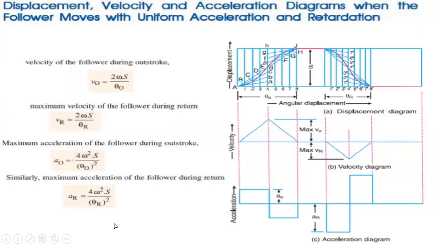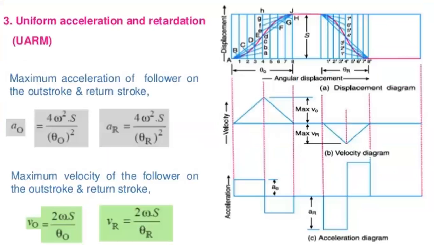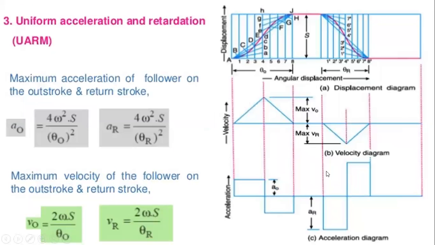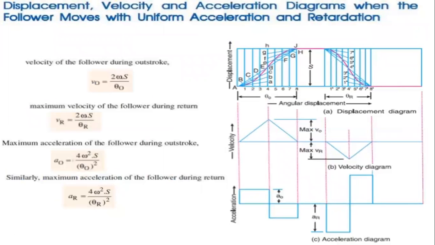The acceleration diagrams are indicated in rectangular shapes, and the velocity diagrams are indicated in triangular shapes. That is the only difference. But in simple harmonic motion, it is semicircular in shape. But in uniform acceleration and retardation, it is triangular and rectangular.